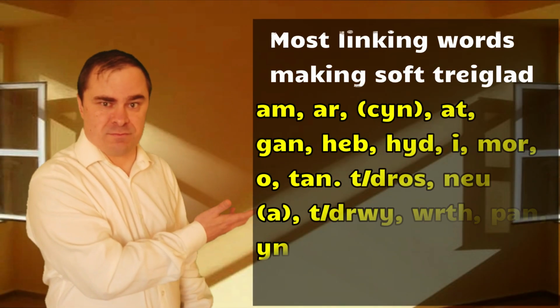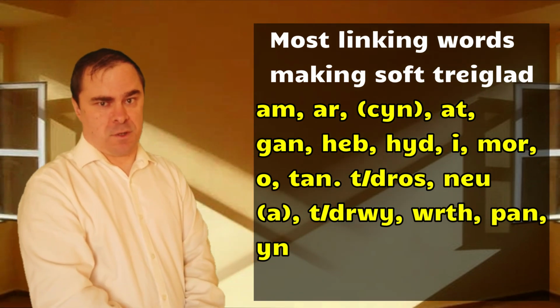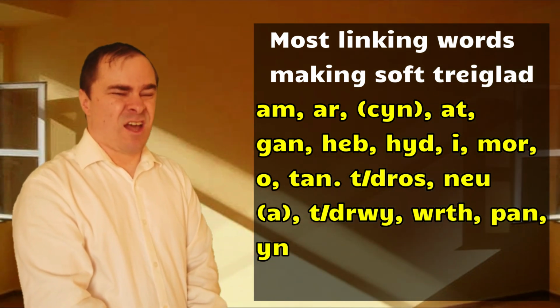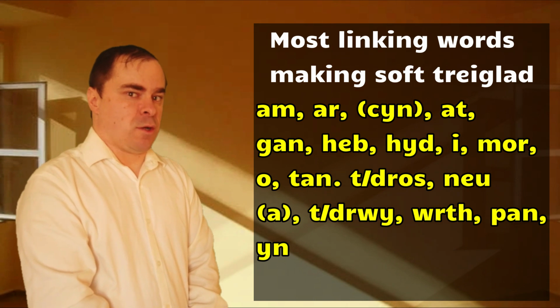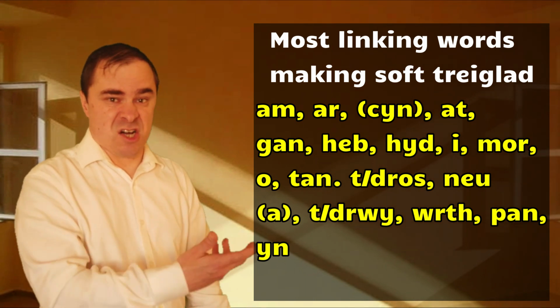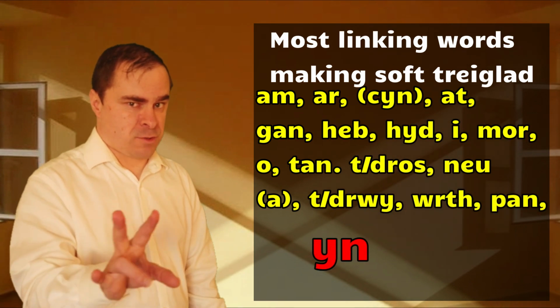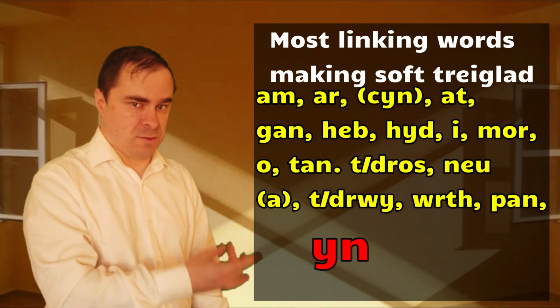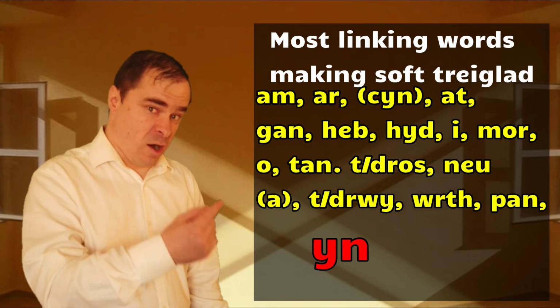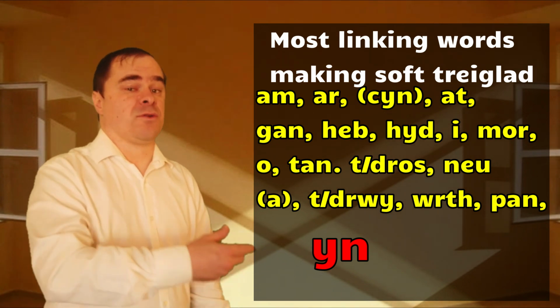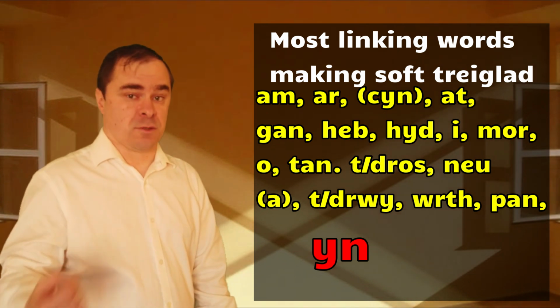And there are connecting words, quite a few that cause soft mutations. I'll just put them here because there's a lot of them. One that you need to focus on would be 'yn', because there are two ways to use this, and the other one causes nasal mutation.